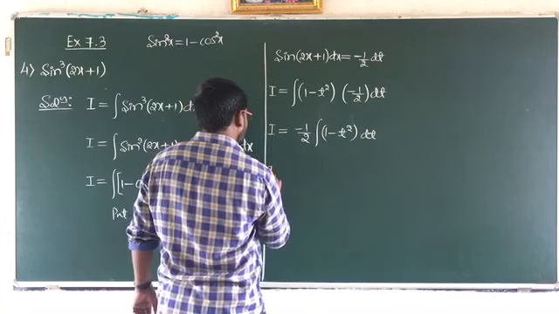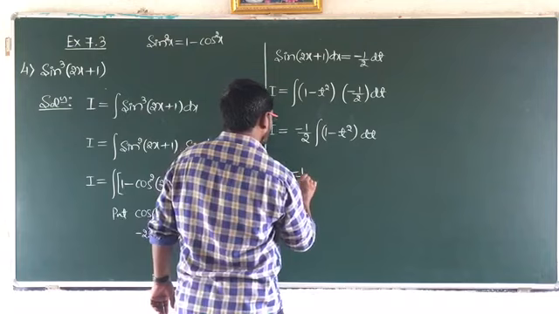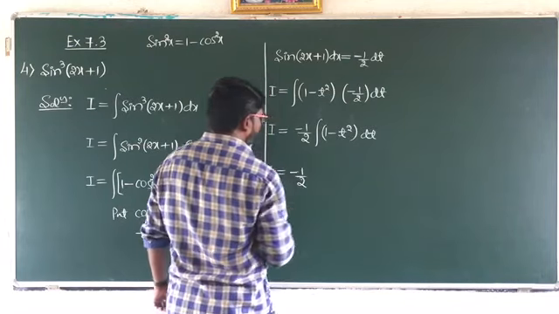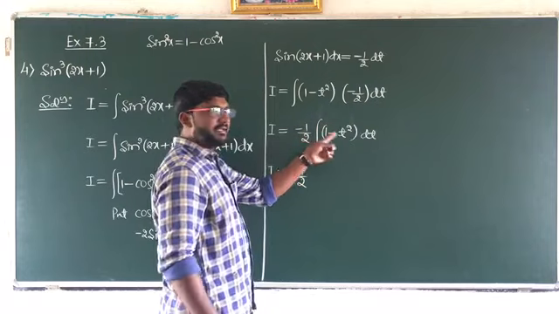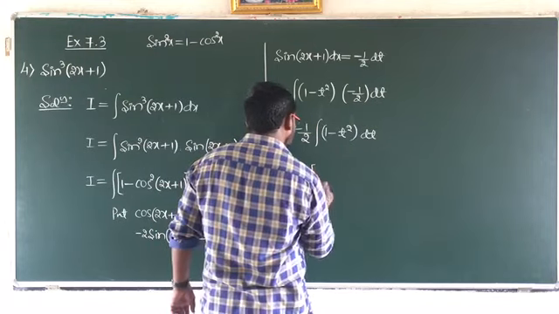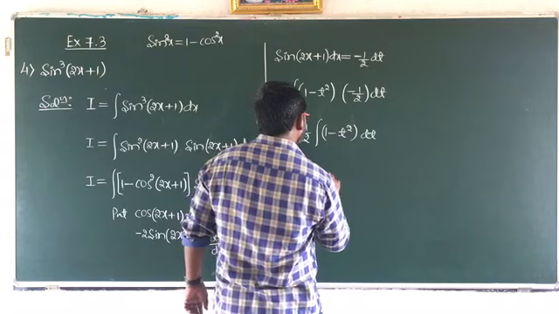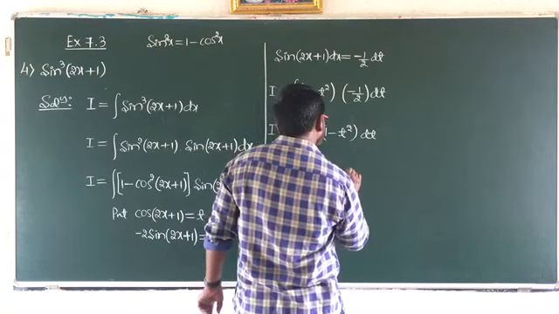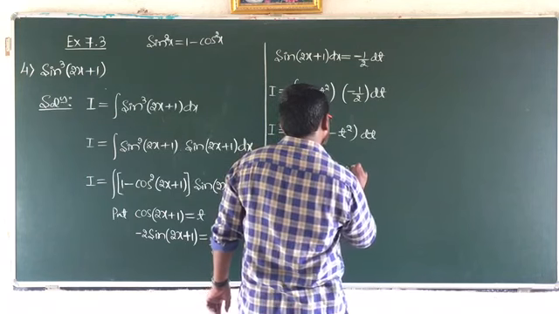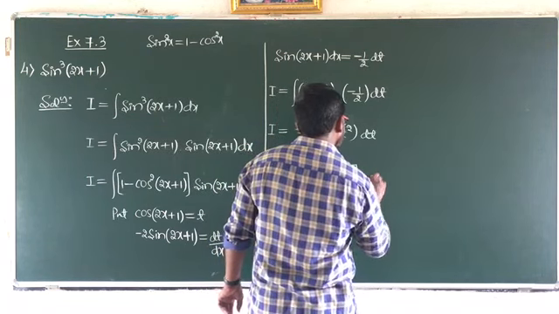So I is equal to minus 1 by 2, so integrate them separately. Integration of 1 will be t minus integration of t square will be t raised to 3 divided by 3 plus c.